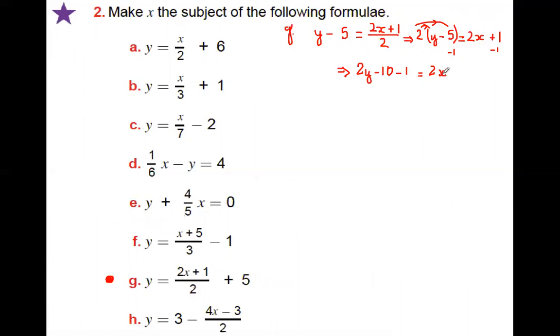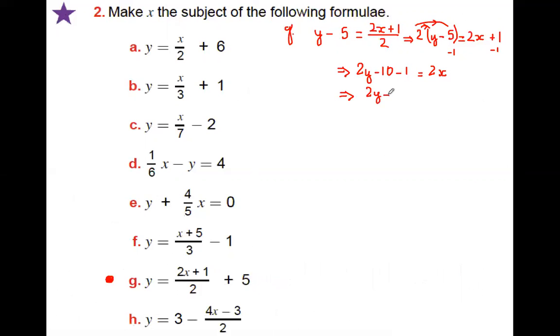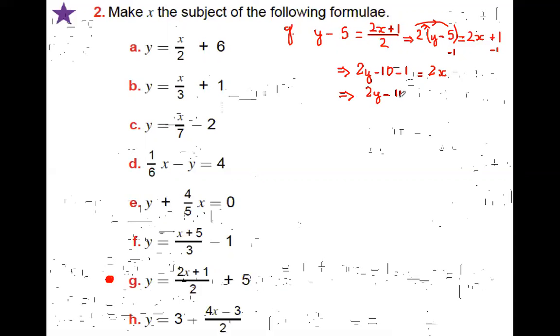Now I'm going to group the likes. That is 2y minus 11. Minus 10 minus 1 is minus 11, equals 2x.